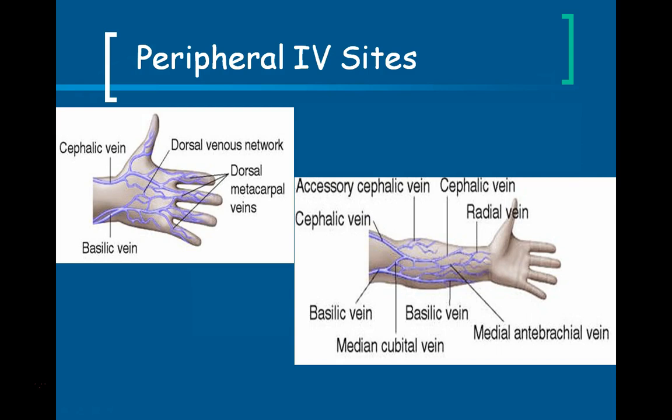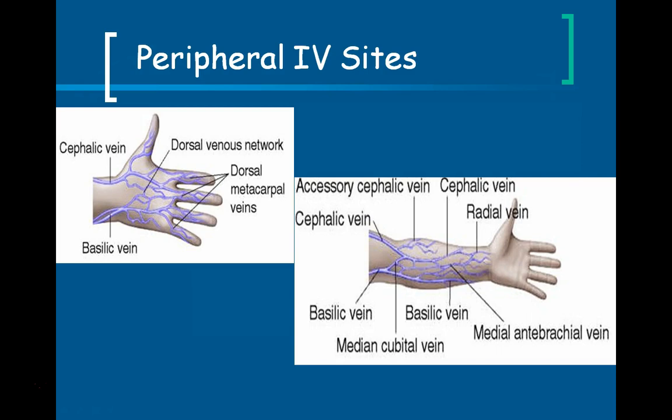So first of all, let's look at the most common peripheral IV sites, and we will look at them in more detail in the unit on venipuncture and starting IVs. But just to give you an idea of the different areas where we will see IVs inserted. The arms and the hands are the most common locations in adults.